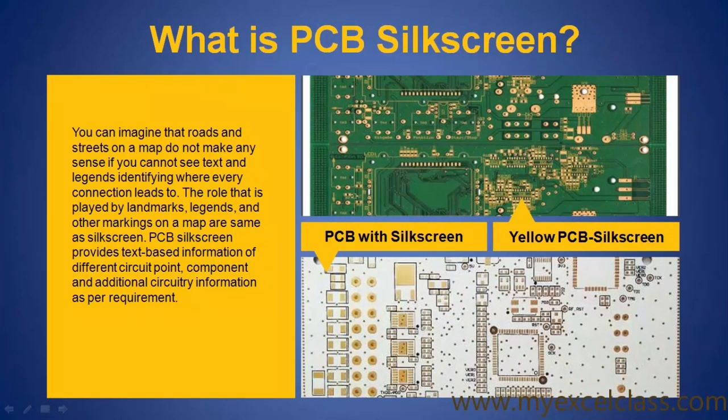You can imagine that the roads and streets on a map do not make any sense if you can't see text and legends identifying where every connection leads to. Here is one example. Right now we are going to a new place, so we need to know the name of this place. So where are we going? First we identify the names of these places.